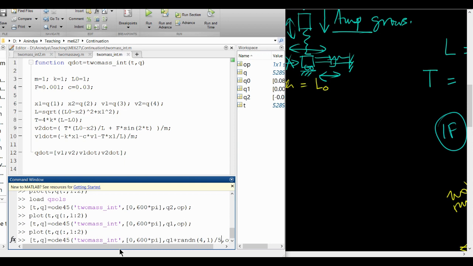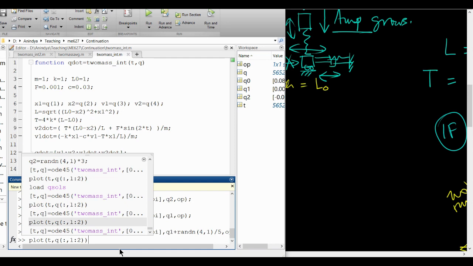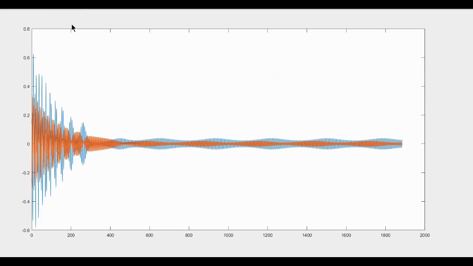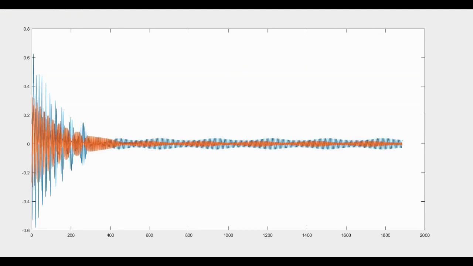I'm going to perturb it a bit. And you see it has come back to some other completely different value. But that was a legitimate solution. Okay, but it has come back to 0.04.